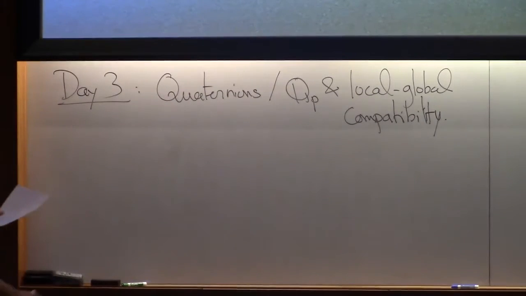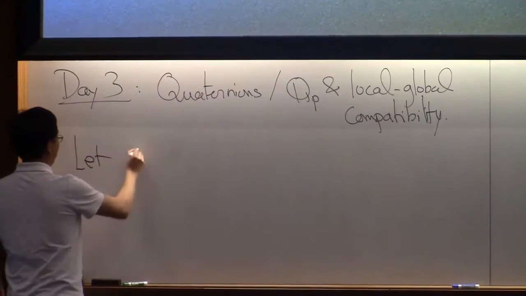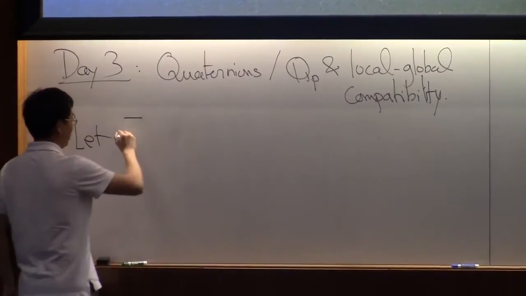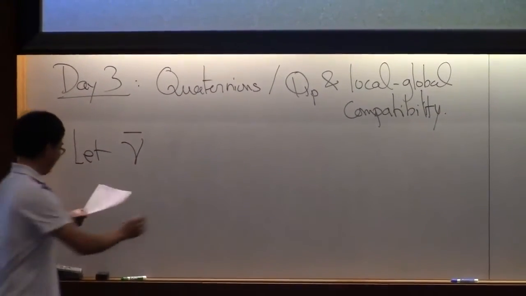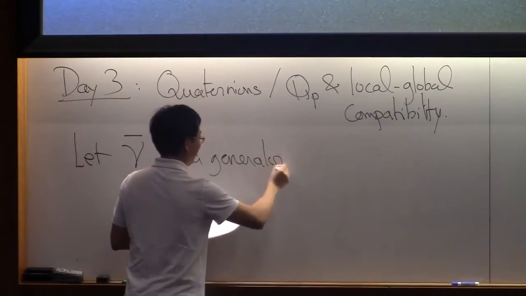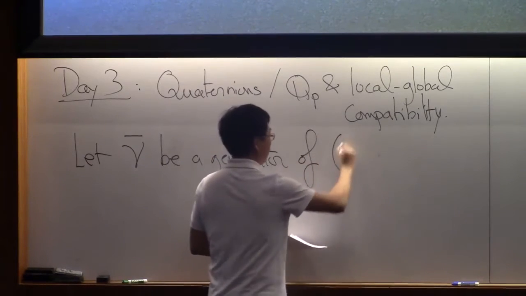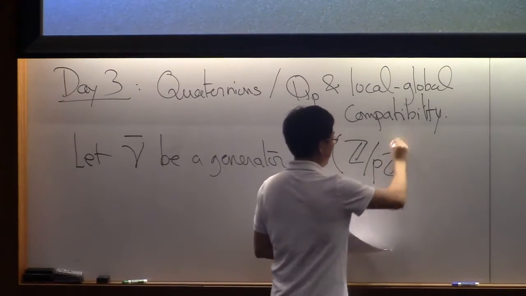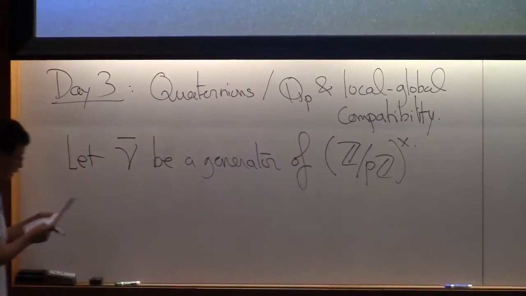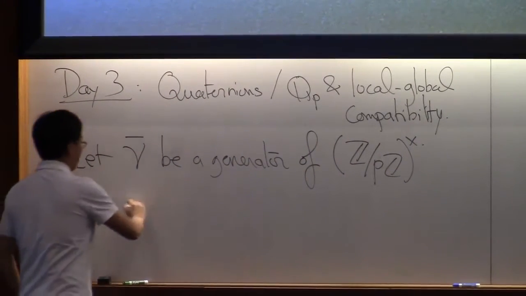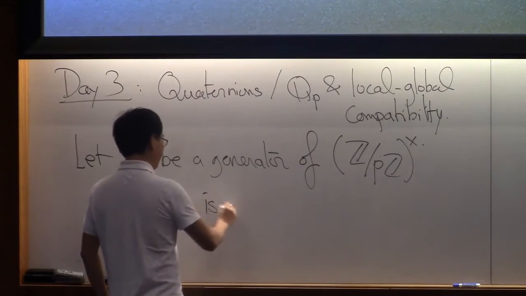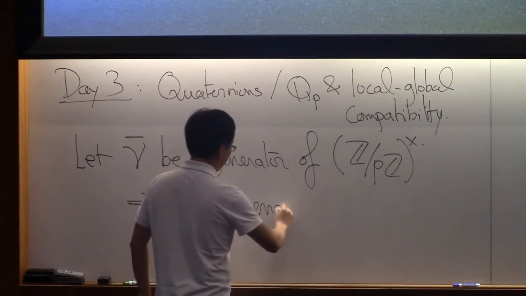So to start, I want to take this, my gamma, a generator of the group (Z/pZ)^×. So this is cyclic of order p-1, just take a generator. Actually, I don't really need a generator. What I want is a generator of the quotient. But I messed up, just take a generator.